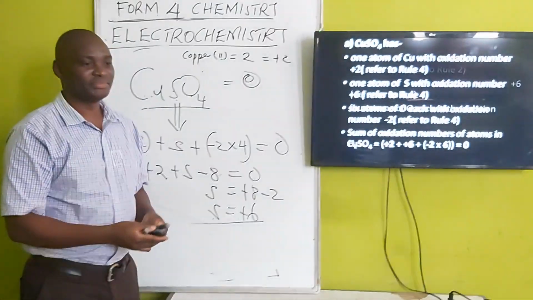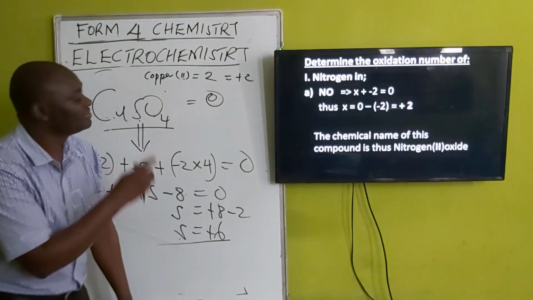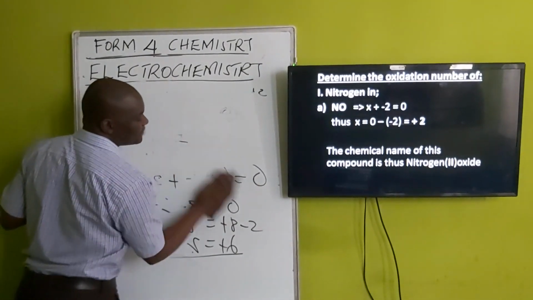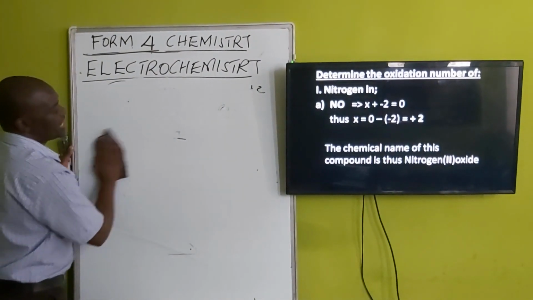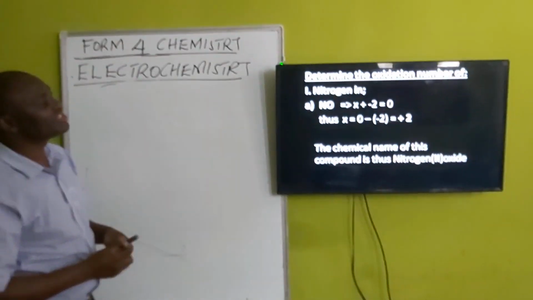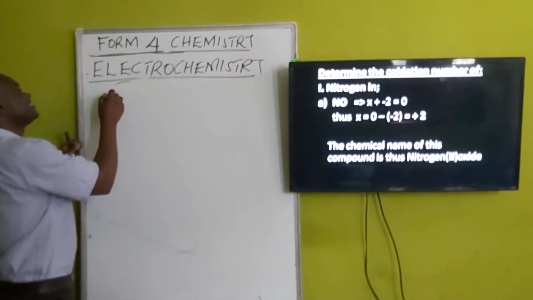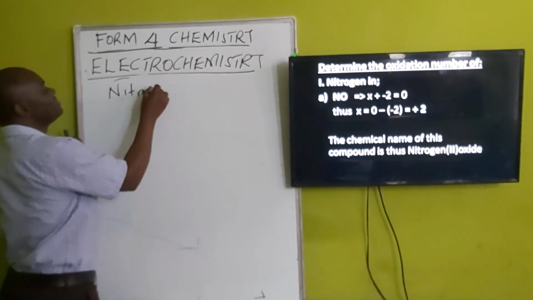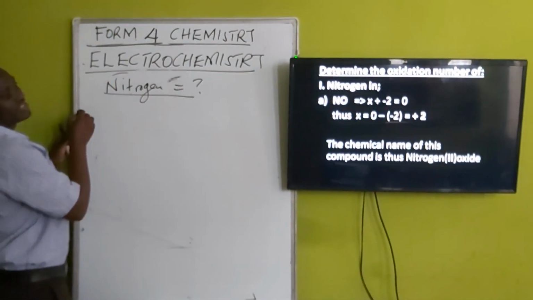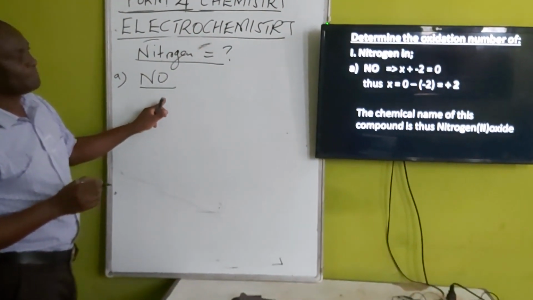We move on to another example, a very good example on our screen. Here we are told to determine the oxidation number of nitrogen in, so we want to get nitrogen. Our main problem is nitrogen. In what? A, nitrogen 2 oxide.